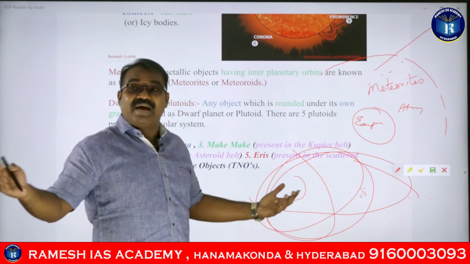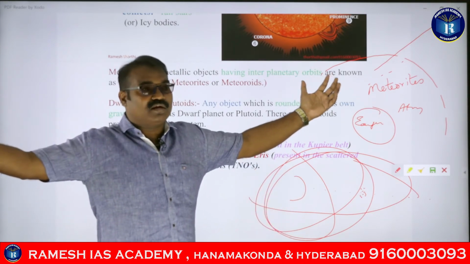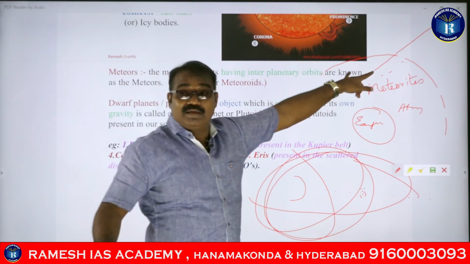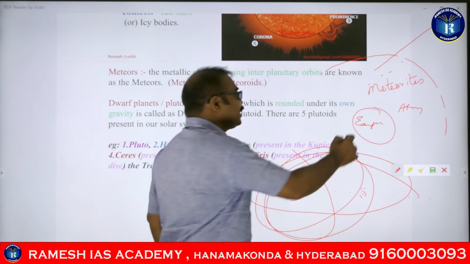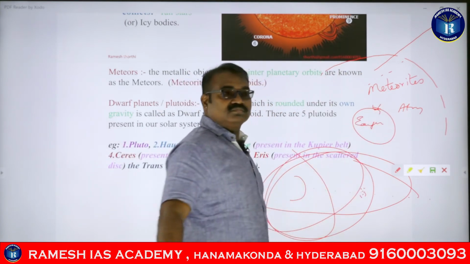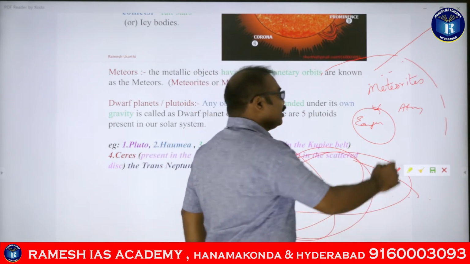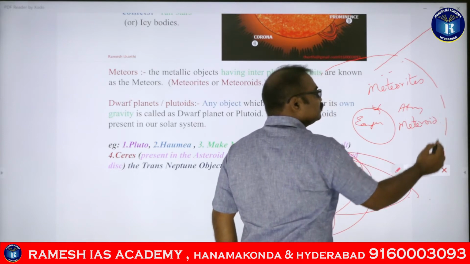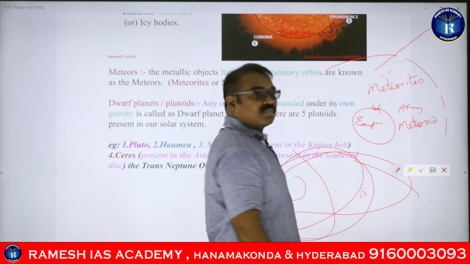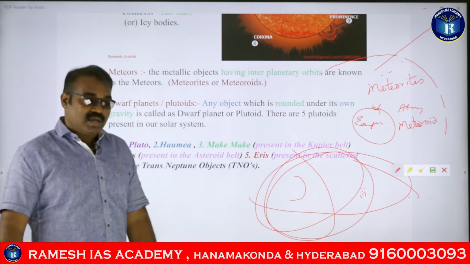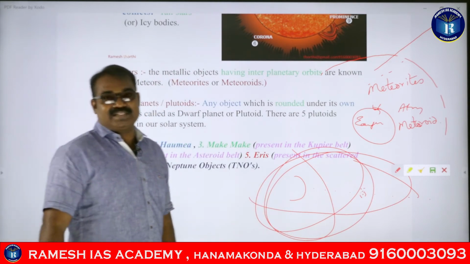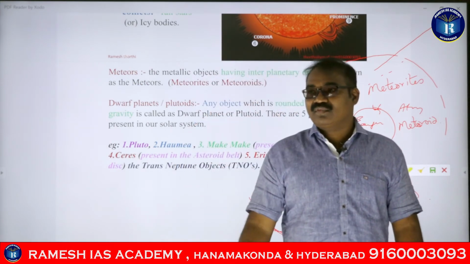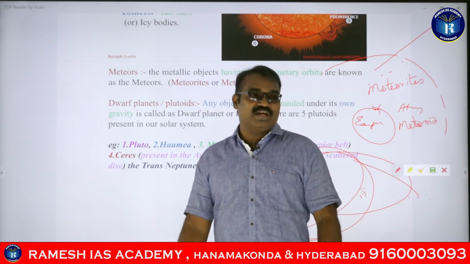Suppose by chance a bigger rock particle, a bigger metallic particle, the meteor, after getting burned is still intact and it strikes the ground. If it strikes the ground, it will be called a meteoroid. Meteoroids, guys. And there are theories which say that because of the striking of a meteoroid, the dinosaurs perished, guys.